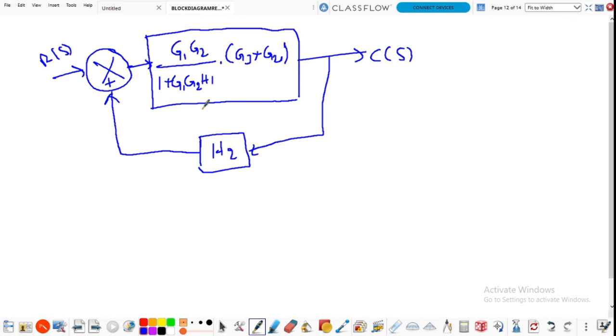Now the positive feedback is there, so according to the positive feedback concept, G by 1 minus GH. This is the elimination of the feedback.